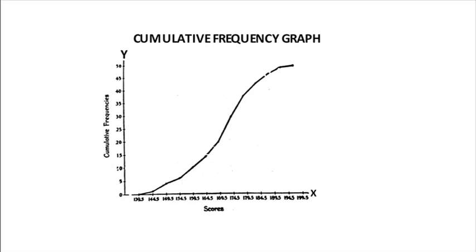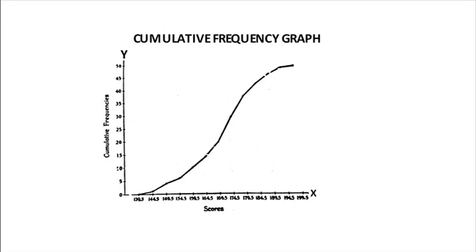Why 135 to 139? Because the graph should always start from the base value. The first class interval 140 to 144 has the frequency 2. So, if we start from there, where is the cumulative frequency? Here the cumulative frequency 5, 10, 11, whatever it is, it will hang in the air.